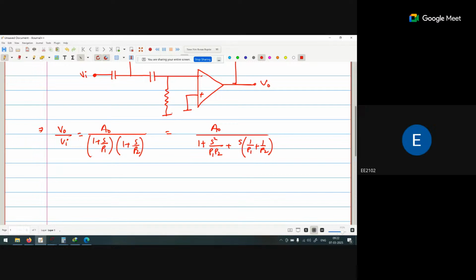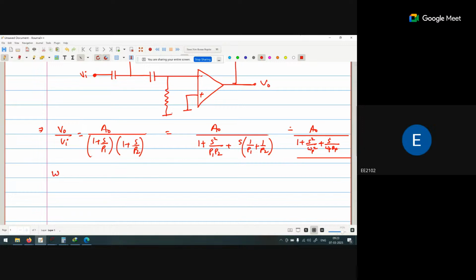The standard second order transfer function equation is A naught upon 1 plus S square upon omega P square plus S upon omega P QP. This is the generalized equation of a second order system.